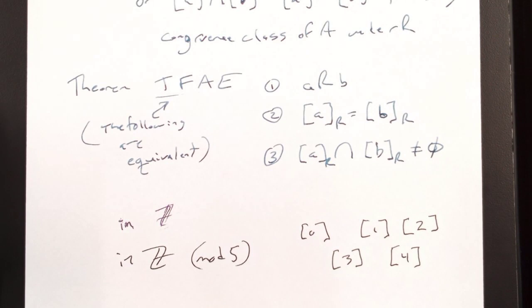And if I took the union of all 5 of those sets, what would I get? All the integers. And I would have counted each one only once, right? So those are 5 disjoint sets whose union is all of our universe of discourse.